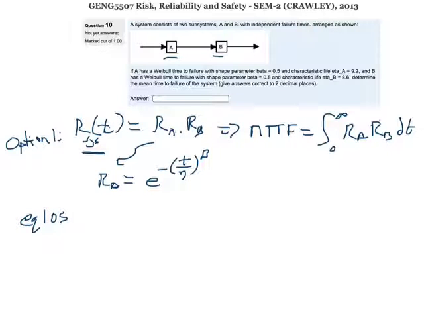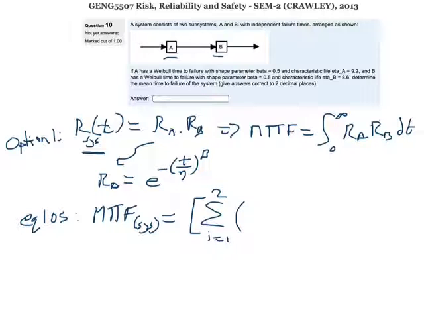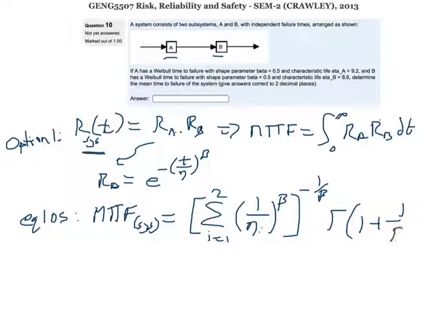It says that mean time to failure of the system is equal to an ugly looking thing in brackets: the sum from i equals 1 to 2 of 1 over the etas to the beta, and then all raised to the minus 1 over beta, times the gamma function of 1 plus 1 over beta.